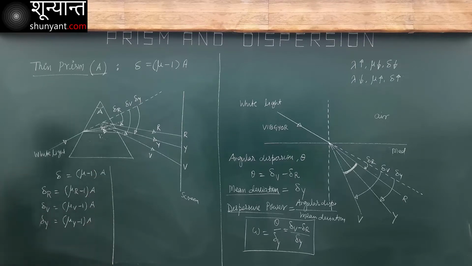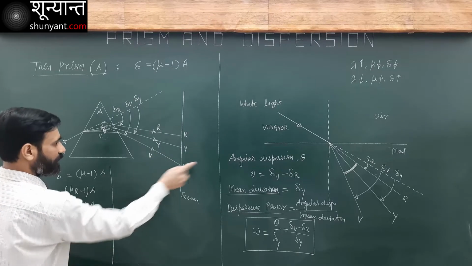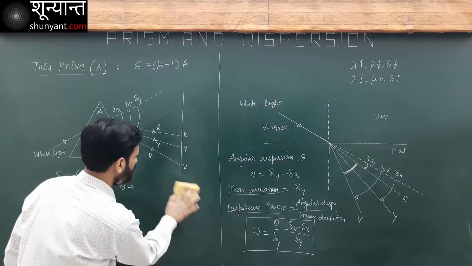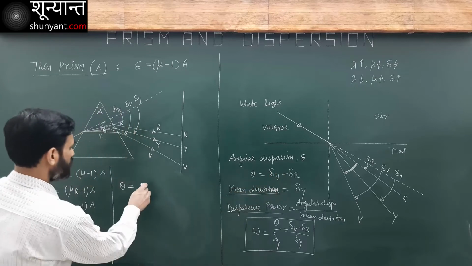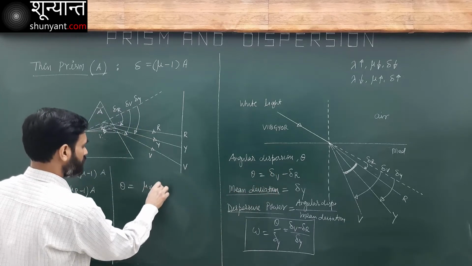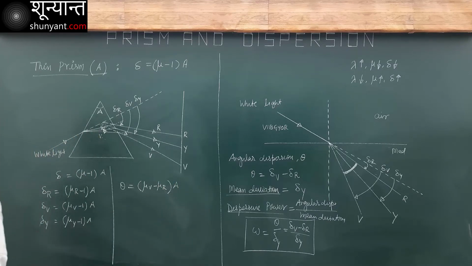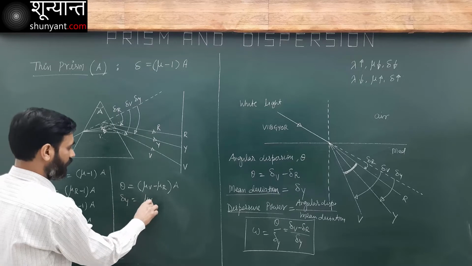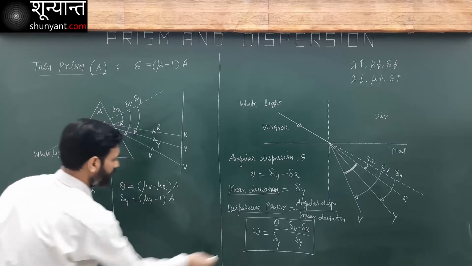Okay, makes sense? What will be angular dispersion? Angular dispersion theta is going to be equal to delta V minus delta R, which is mu V minus mu R times A. And delta Y is already given, mu Y minus 1 into A. What will be dispersive power?